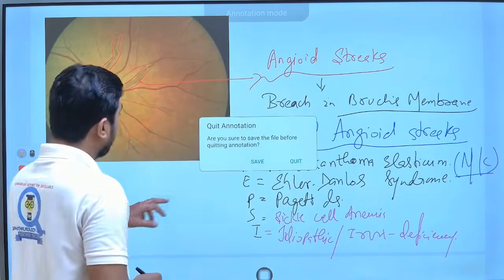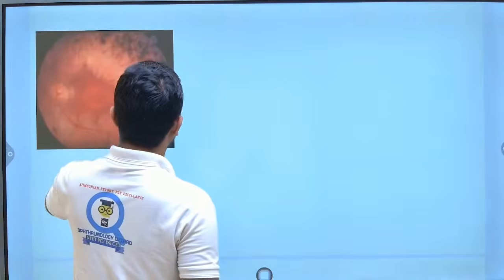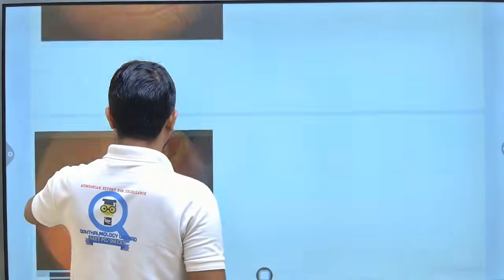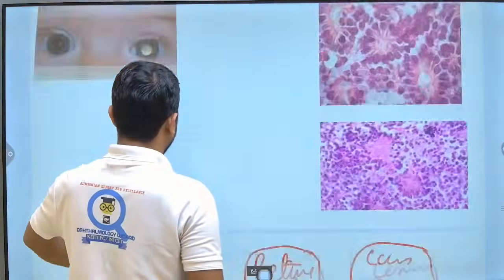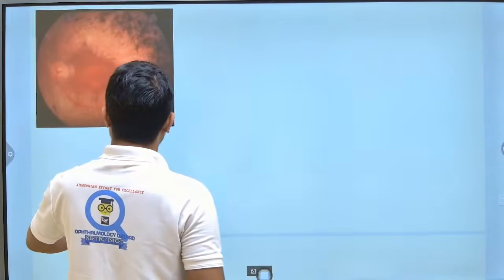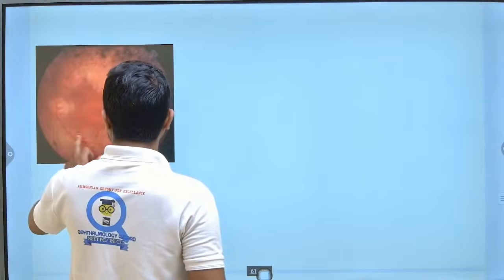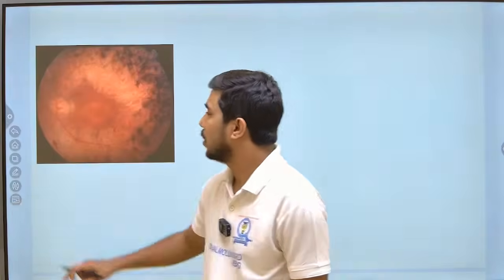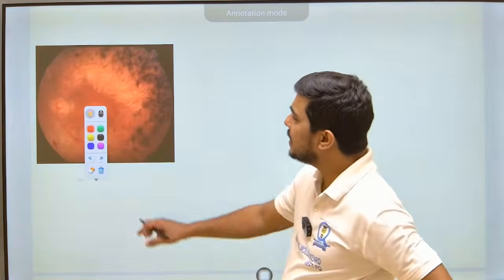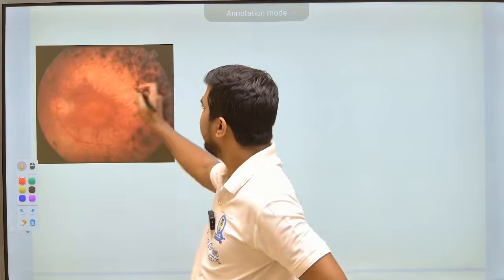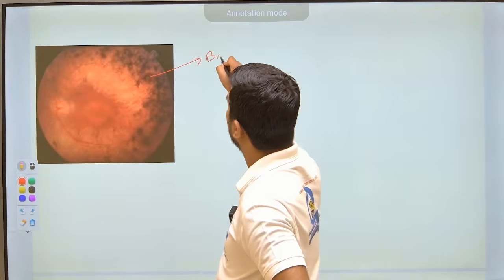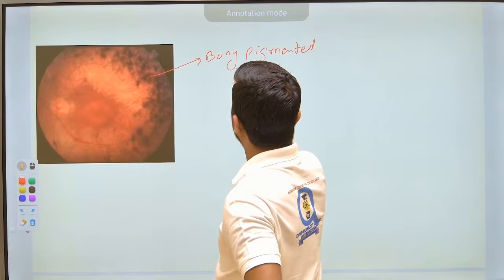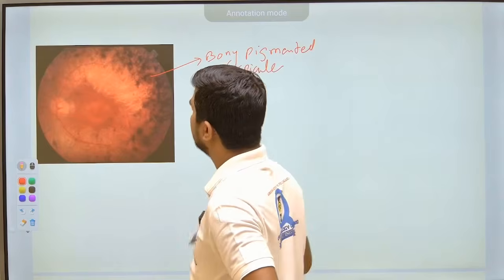Now, can you see this? What does this picture indicate? If I carefully see this picture, I am finding bony pigmented spicules.